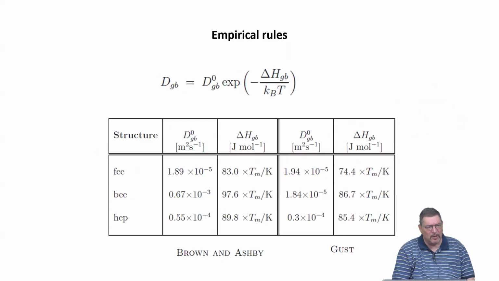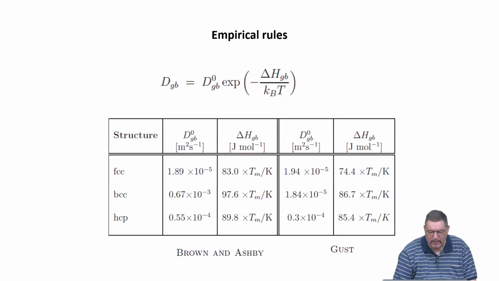So there are some empirical rules which are very helpful if you do not find the information on a specific system. And basically, as I have told you on Wednesday, diffusion is a thermally activated process. So you have the typical Arrhenius type relationship for the kinetic factor.